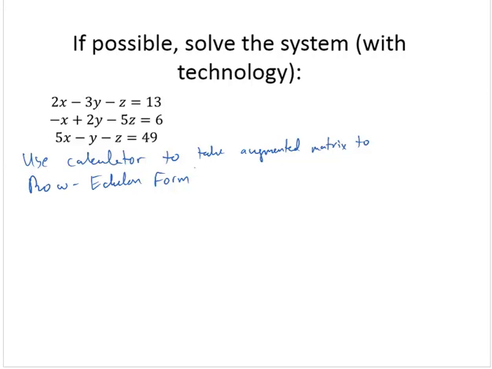Alright, so to do that, we're going to first write the augmented matrix. So we'd have 2, -3, -1, 13, -1, 2, -5, 6, 5, -1, -1, 49.